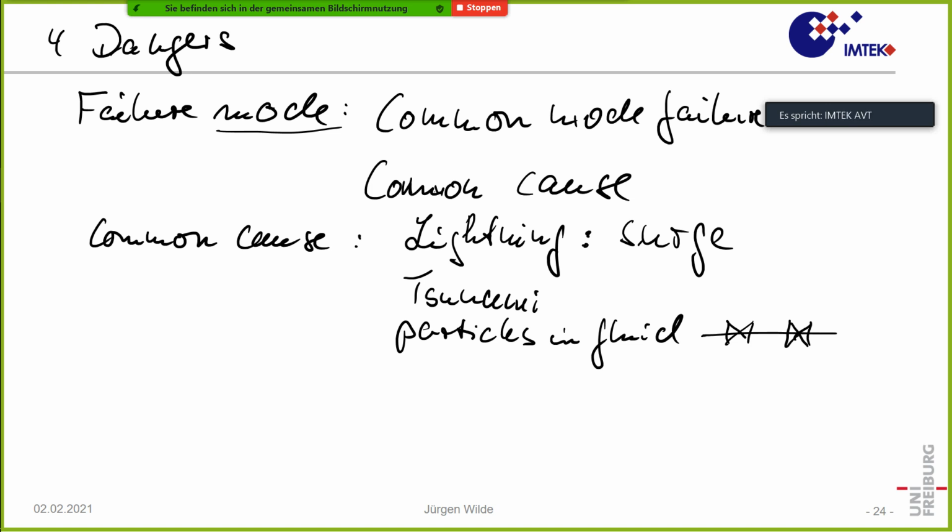If the valve stays open too long, something can happen, like someone dies or so. But if you cannot close the valve because there are particles in the fluid, for instance some crystals which are formed, then that would also be a common cause.